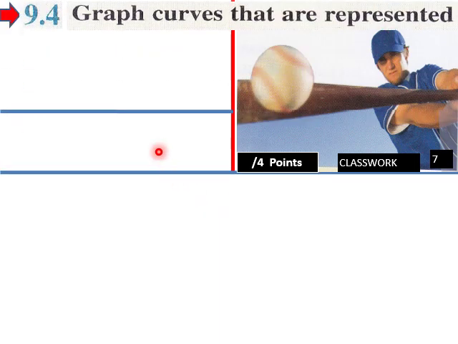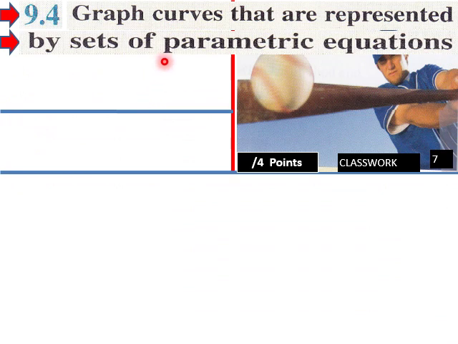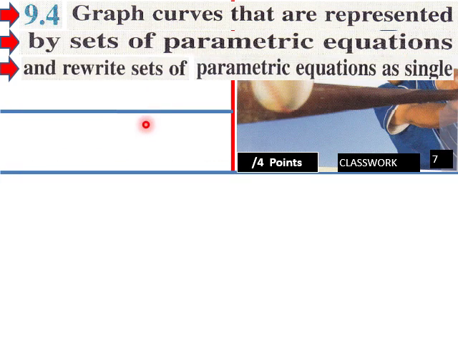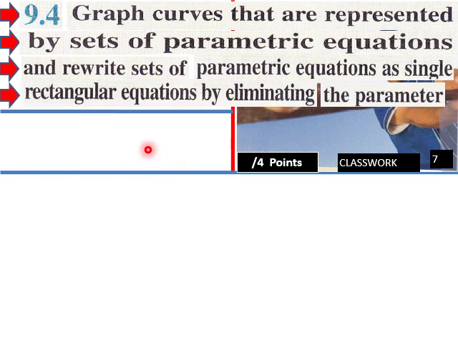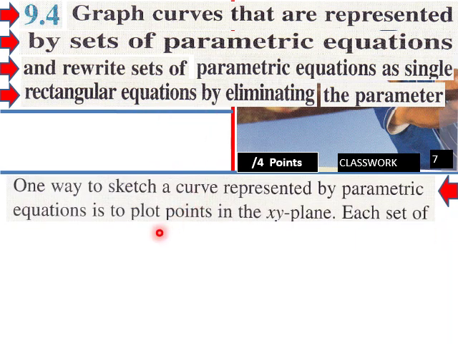Going now into 9.4, graph curves that are represented by sets of parametric equations, and rewrite sets of parametric equations as single rectangular equations by eliminating the parameter. Okay. One way to sketch a curve represented by parametric equations is to plot the points in the xy plane.